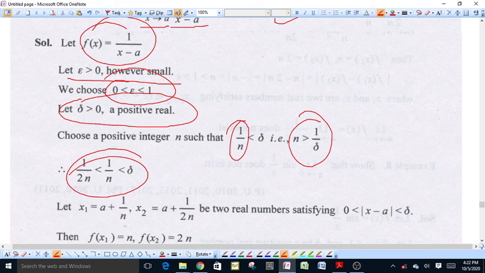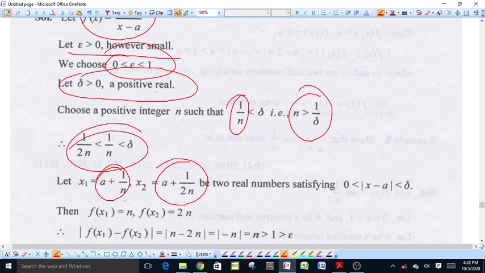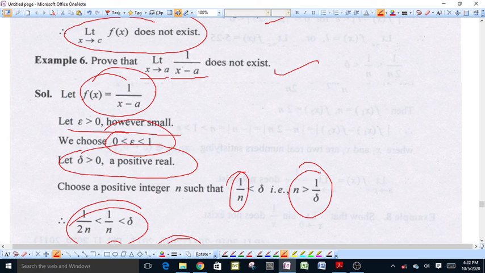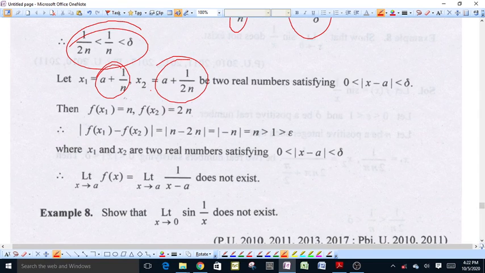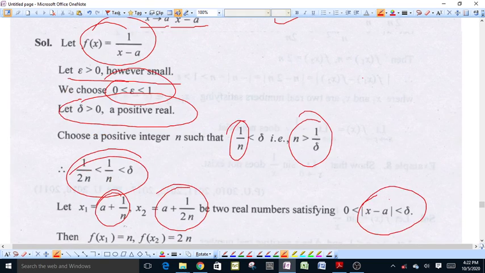Now if we take x1 is equal to a plus 1 by n, x2 is equal to a plus 1 by 2n, these are two real numbers in the domain of the function, and these two numbers lie in the delta neighborhood of point a. Now f(x1) is equal to n and f(x2) is equal to 2n.